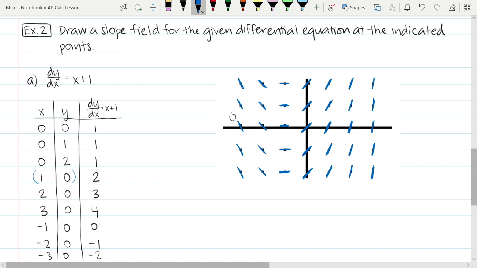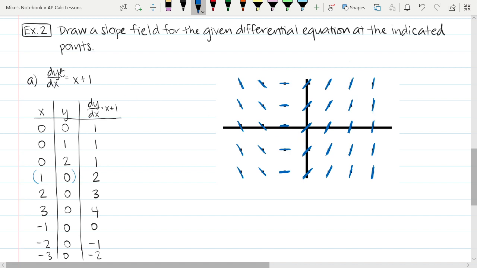And if you think about a parabola, what's the equation of a parabola? Well, it's something with an x squared in it. And if you take the derivative of something with an x squared, you're going to get something with just an x.